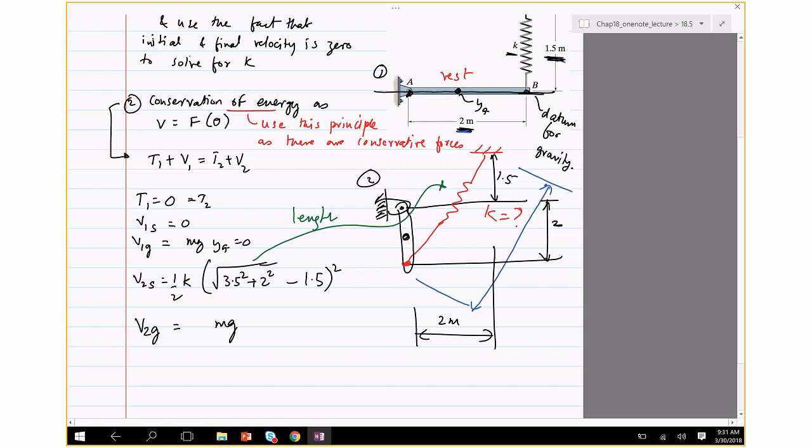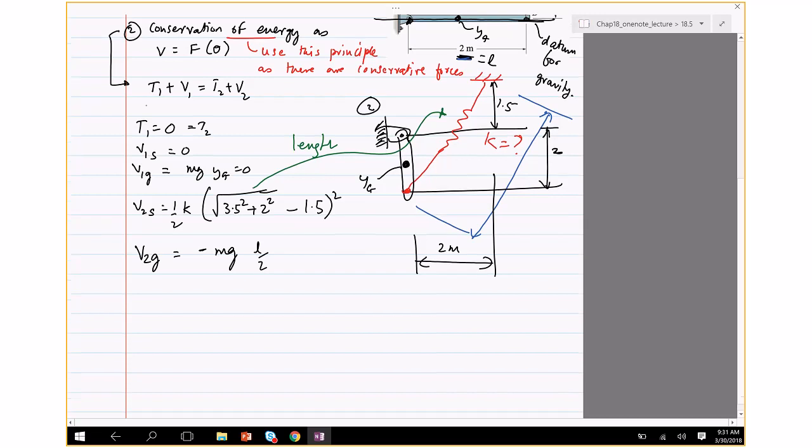The center of mass is here, so the displacement is length divided by 2, where the length is 2 meters, and since it's moving down, it's negative. So in effect, 0 plus V1, which is 0, equals T2, which is 0, plus V2, which is V2s plus V2g.